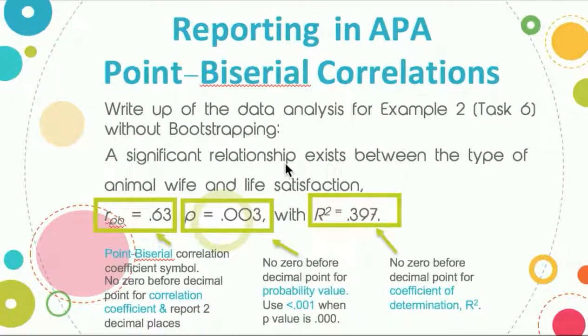So, to better understand variance or variability, you can make this a percentage. You will actually multiply 0.397 times 100 and you will get 39.7%. So the type of animal wife would share 39.7% of the variance in life satisfaction.